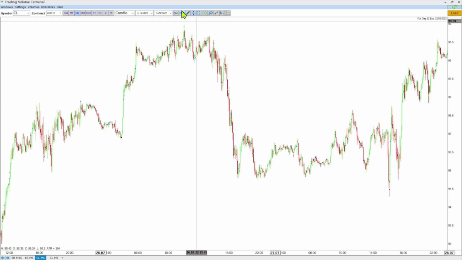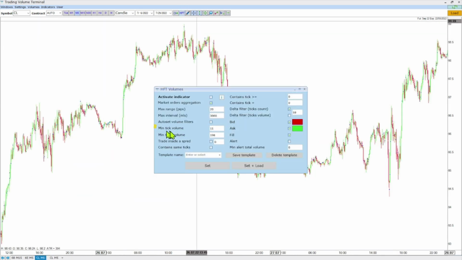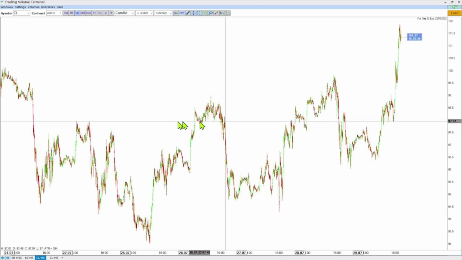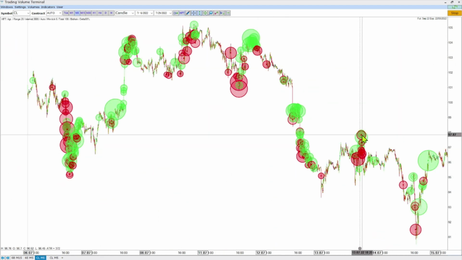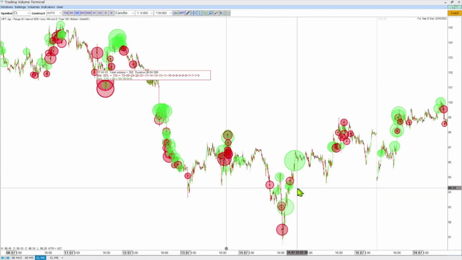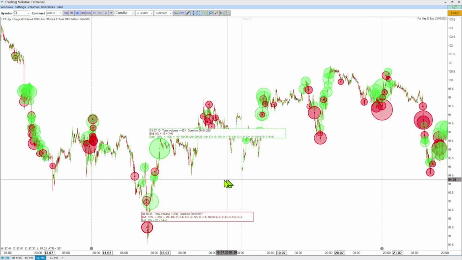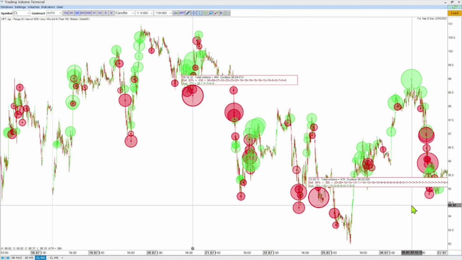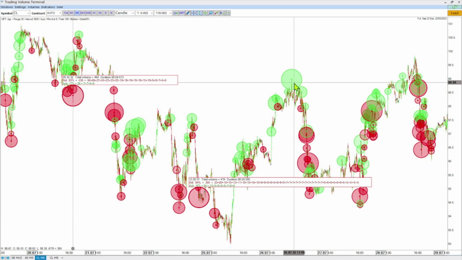Let's continue. In settings, we put the minimum tick volume. Of course, we can use auto set volume filters to see which volumes are important for these particular instruments. In this case, we can match the big volumes which we want to be left on the chart, and in such a way we will see what handmade settings we can make.